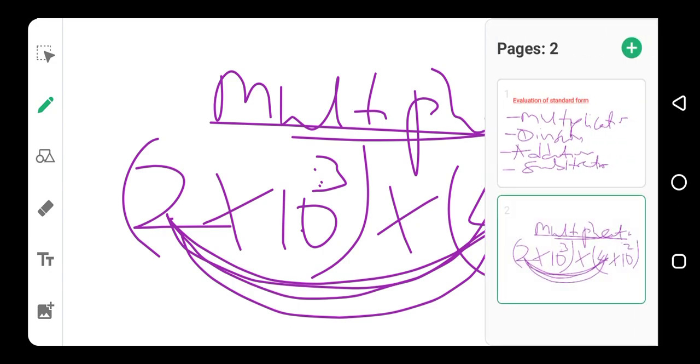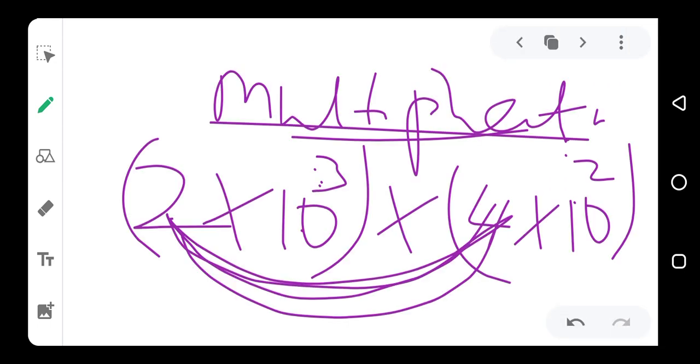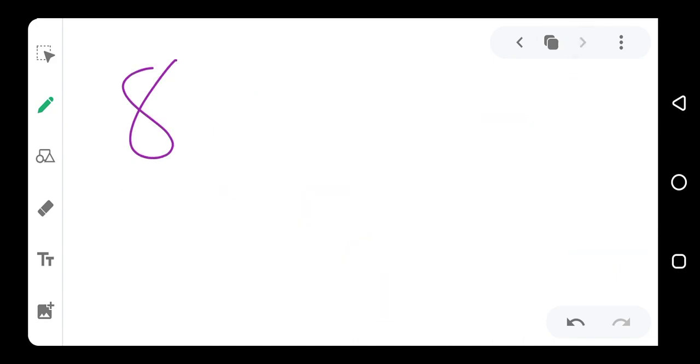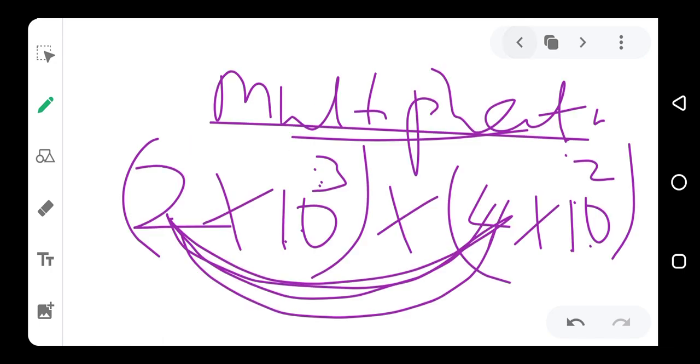Now, what we are going to have here is 4 times 2. That will give us 8. Now 8, we take only one of the 10. We take either the 10 here or the 10 here, so we have times 10. We leave the second 10 alone.